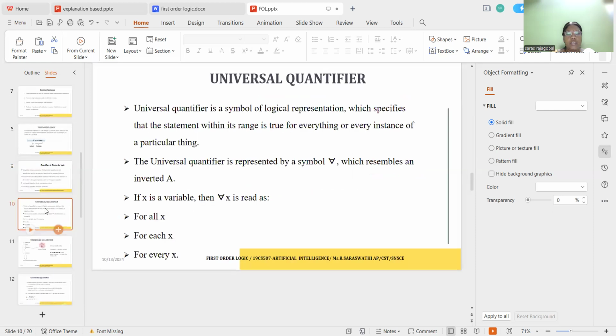Universal quantifier. It's a symbol of logical representation which specifies that the statement within its range is true for everything, that is, for every instance of a particular thing. It is represented by the symbol for all, which resembles an inverted A. If x is a variable, then for all x is read as for all x, for each x, for every x.